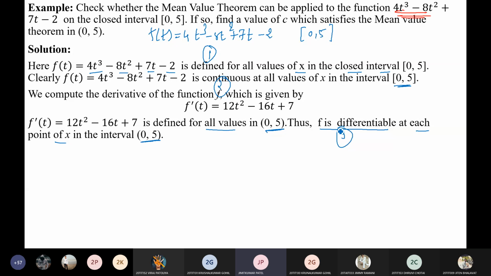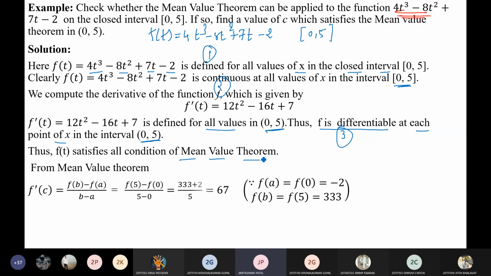So I can talk about the mean value theorem. What is my mean value theorem? f dash c is equal to f of b minus f of a divided by b minus a. Here my a is equal to 0 and b is equal to 5. So if you replace here, f of 5 minus f of 0 divided by 5 minus 0.